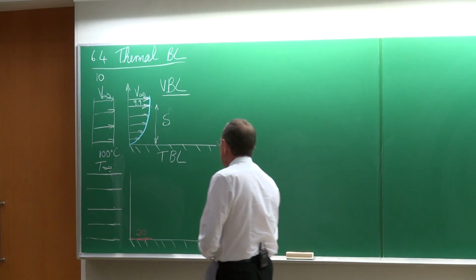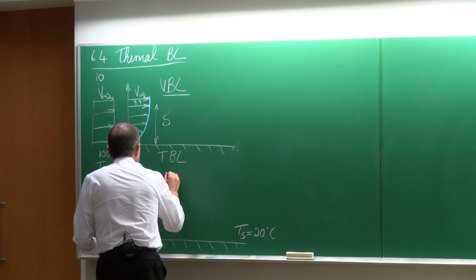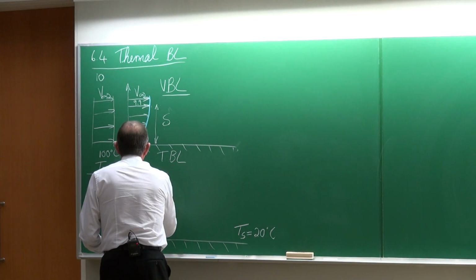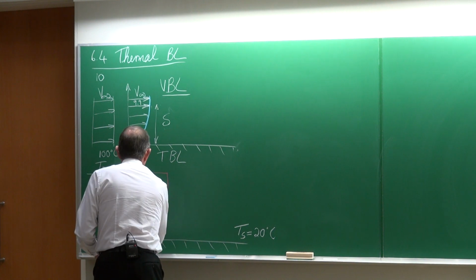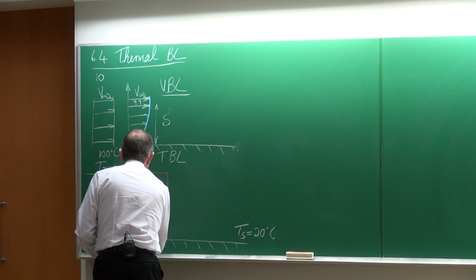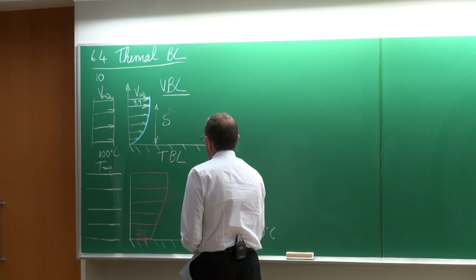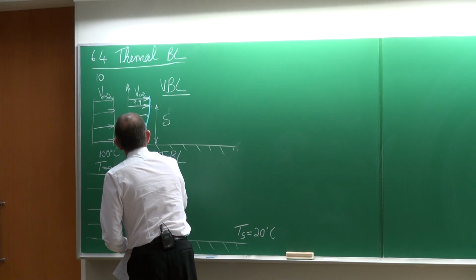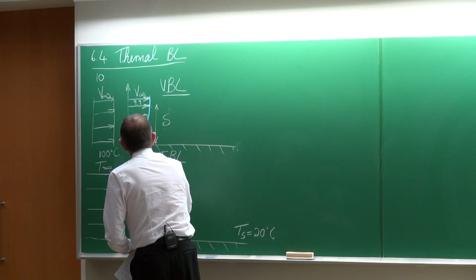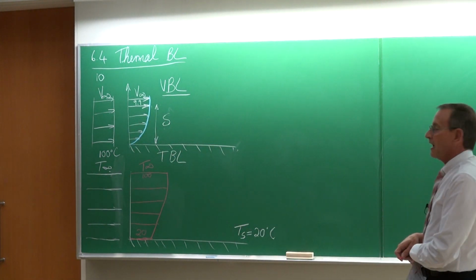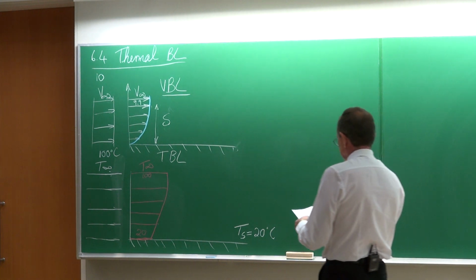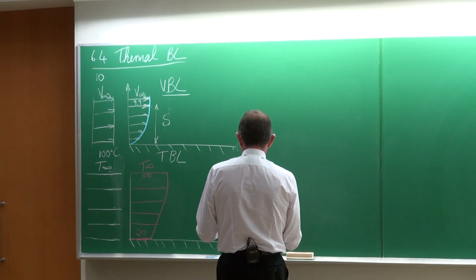It's at a lower temperature, and then it is going to increase up to that value of 100. And we are going to have a temperature gradient like that. So that is equal to T infinity, which is 100. And that shows the boundary layer.